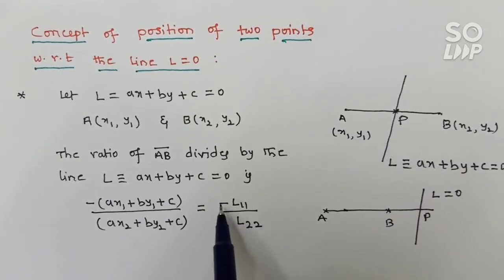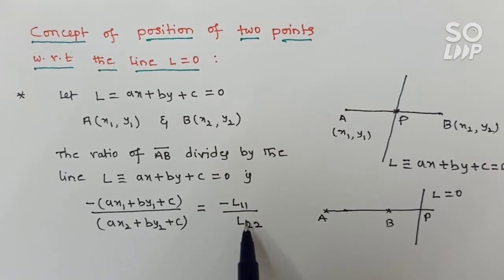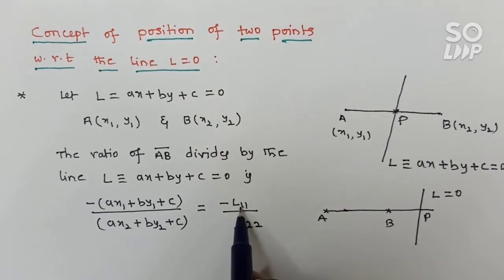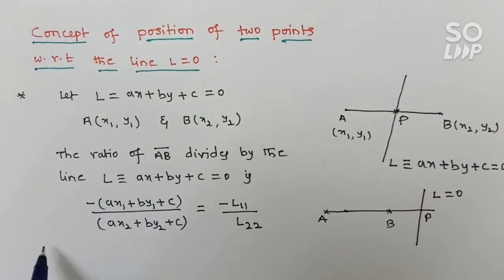So for this to be a positive ratio, a negative sign is already there, so one of these must be negative. So if L11 is positive and L22 is negative, the total ratio becomes positive. So that means here L11, L22.